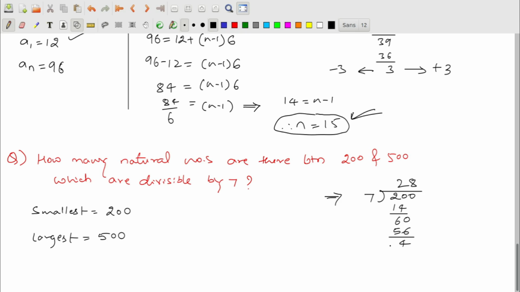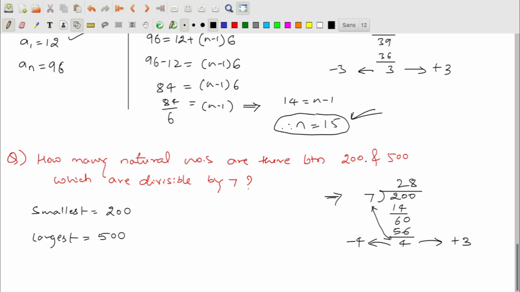So now again two options: either you remove 4, or, see, don't add plus 4. Most of you make this mistake, right? If you add 4, then the number 204 is not divisible by 7. You need to take the difference of 7 and 4, right? One is minus 4, the same number. The next one is the difference of 7 and 4. 7 minus 4 is 3, so plus 3.